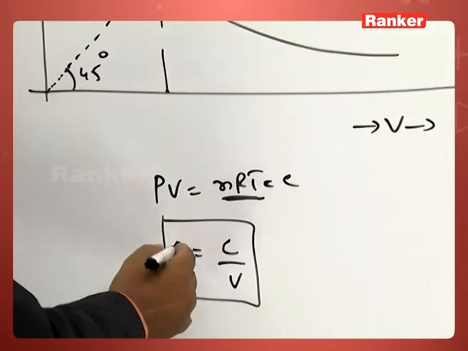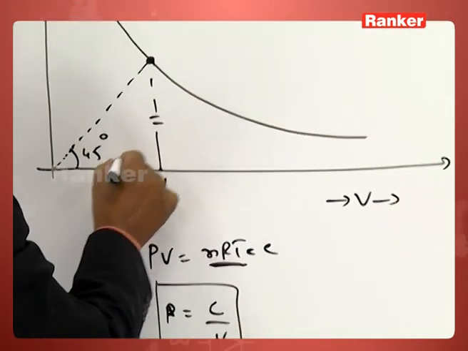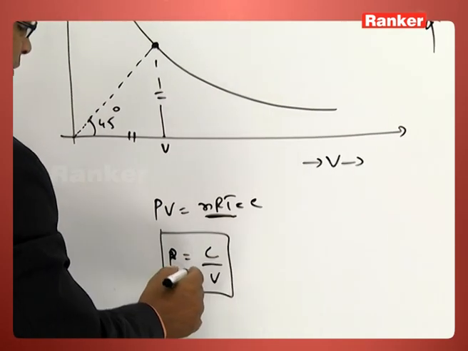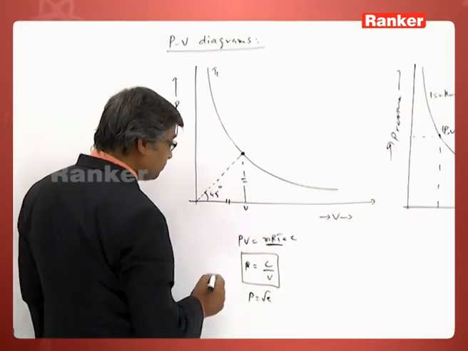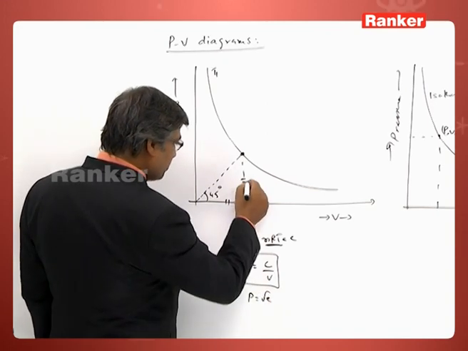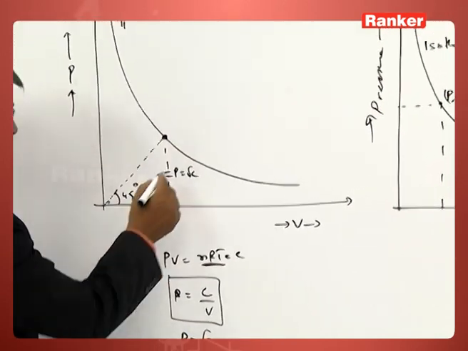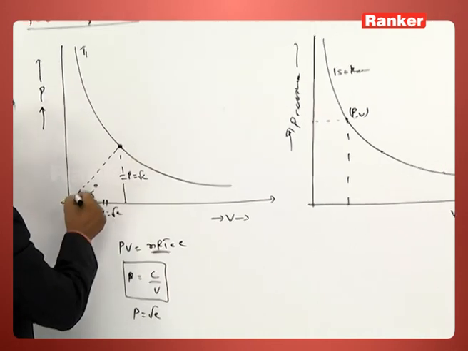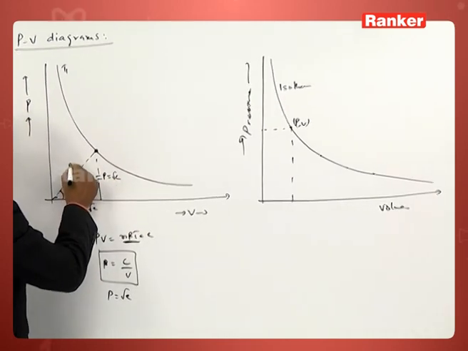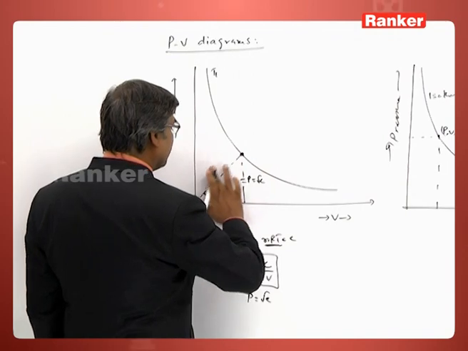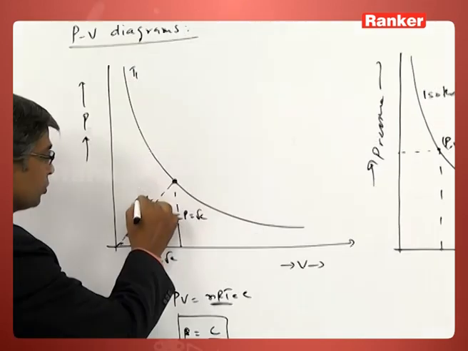That means if P is, suppose I say it is V, then this and this quantity will be the same, and that will be equal to root C. So here pressure will be equal to root C and the volume will be equal to root C. So this length will be this square plus this square, that is C plus C, 2C, so the length will be root 2C.